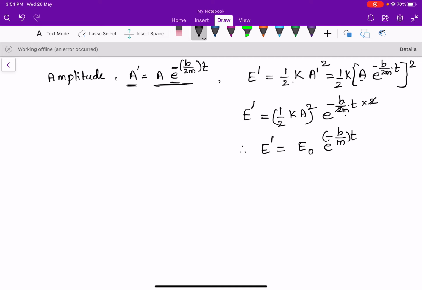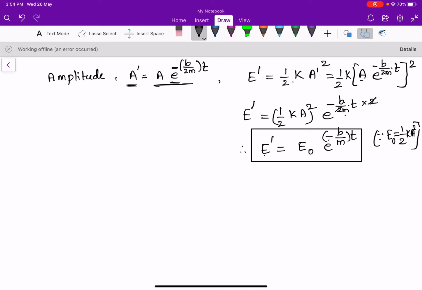This is an expression for energy in case of damped harmonic oscillations, where E naught is the energy in the undamped case. We have already derived an expression for this: E naught equals half K A square.